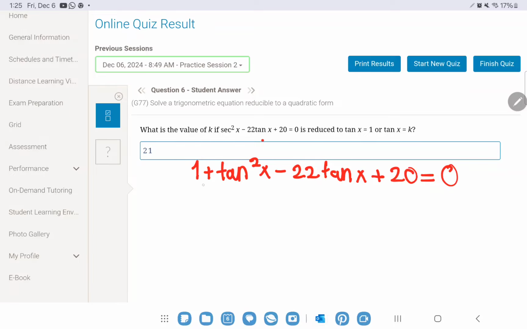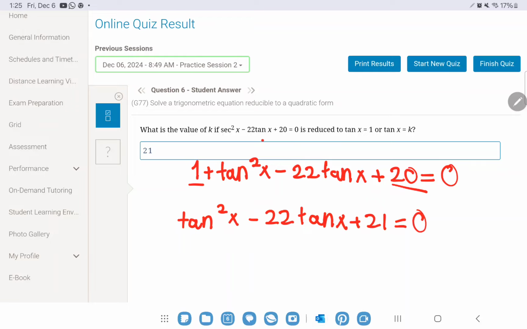So we first take 20 and 1 and we add them. So tan squared x minus 22 tan x plus 21 equals 0. This is practically a quadratic function. It's just a normal function. So what you do here is what you do in normal functions when you have x. So this is x squared minus 22x plus 21. You have to factor it.